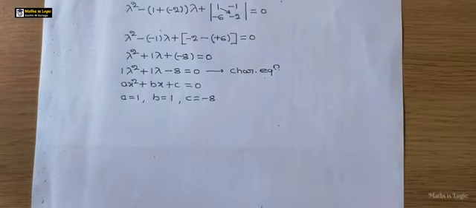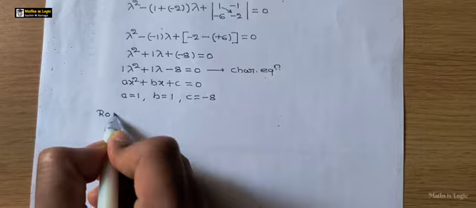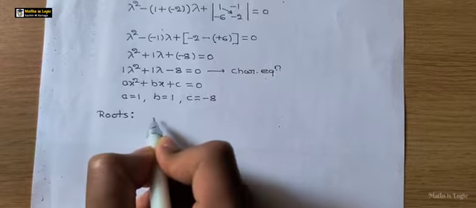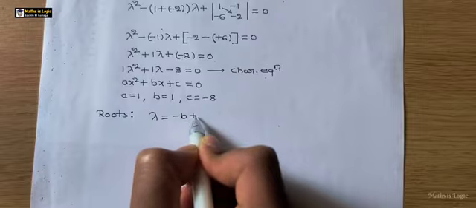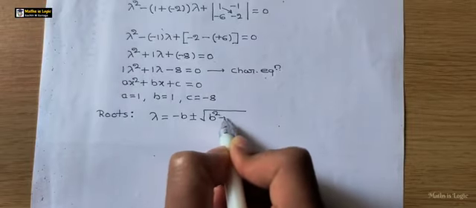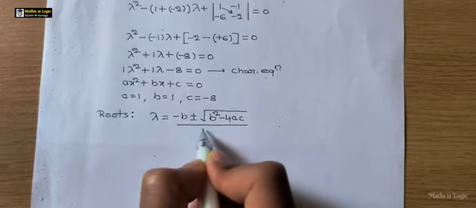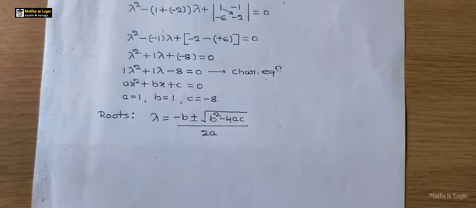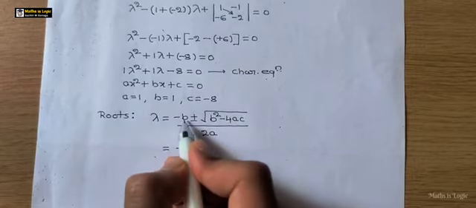Next, for roots, apply the formula. So for roots, formula is lambda is equals to minus b plus or minus square root of b square minus 4ac divided by 2a. Substitute, which is equals to minus, keep it as it is, b value.